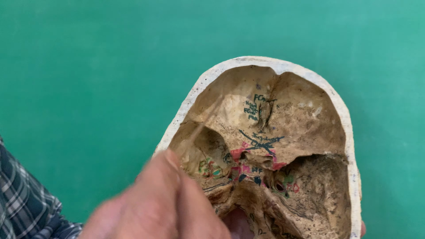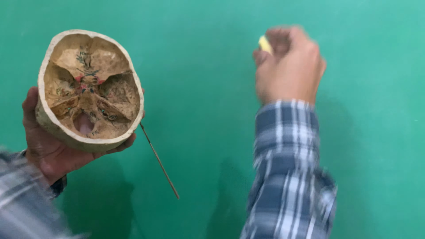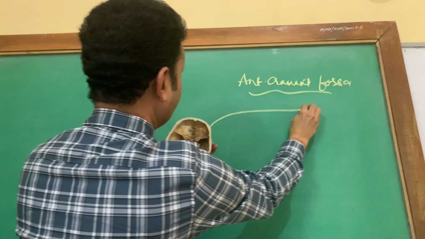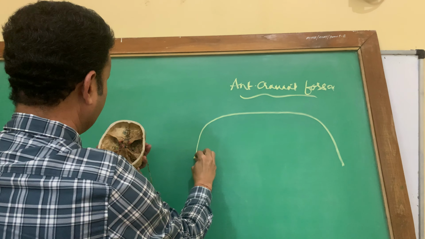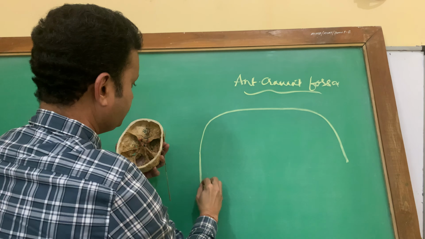So this anterior cranial fossa, okay, a vague diagram I will be putting here. This is anterior cranial fossa and this one is the lesser wing of sphenoid.